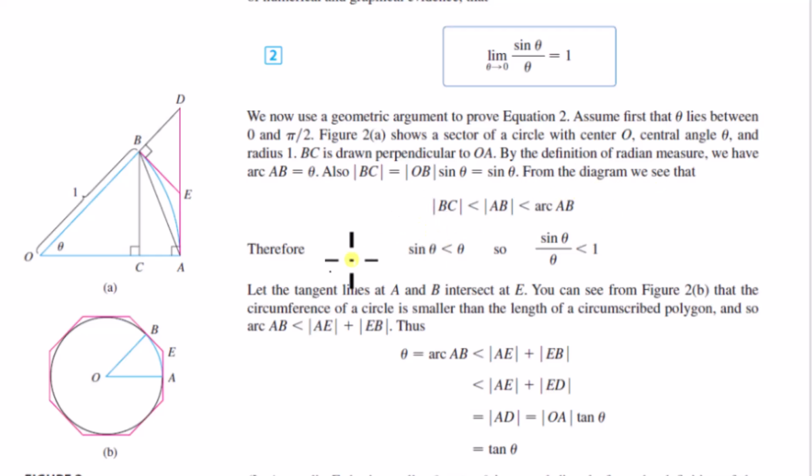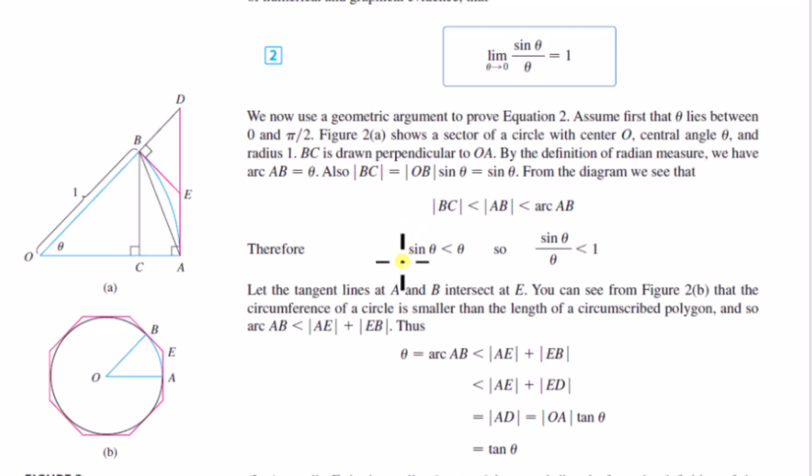So the length of BC is less than the length of AB because BC is the leg of a right triangle in which AB is the hypotenuse. And also the length of segment AB is less than the length of arc AB. The length of BC is equal to the length of OB times sine theta, but OB has length 1, so the length of BC is equal to sine theta.